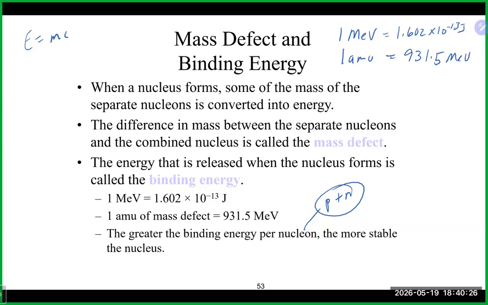Very common units of binding energy per nucleon are joules per nucleon or mega electron volts per nucleon. These conversions are based on Einstein's equation, and you can do it either way. It will come out the same, and we'll take a look at that in just a second.